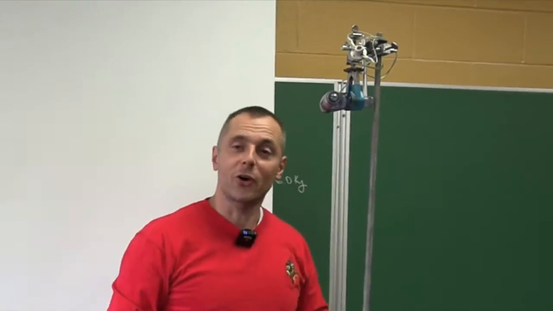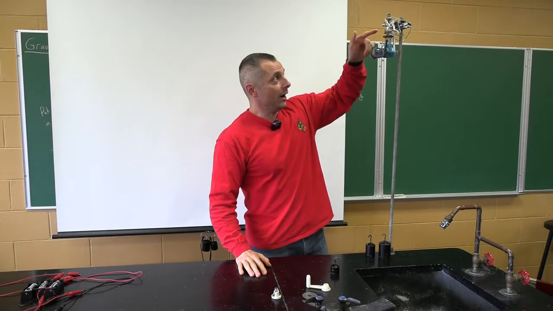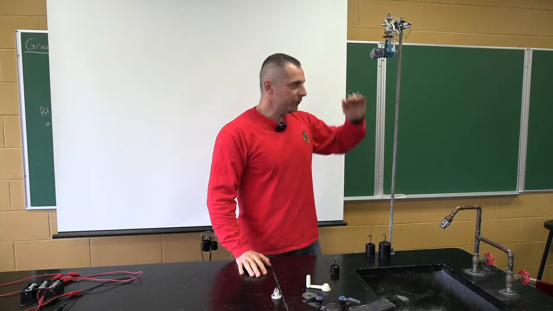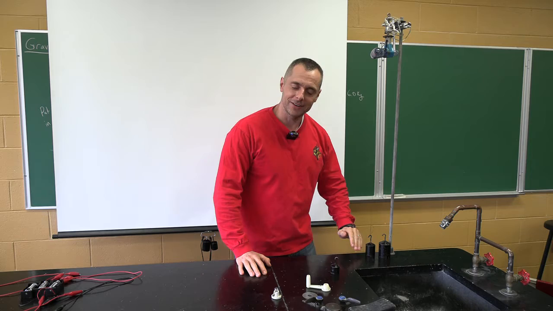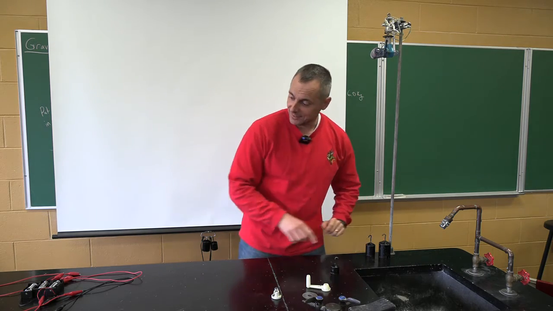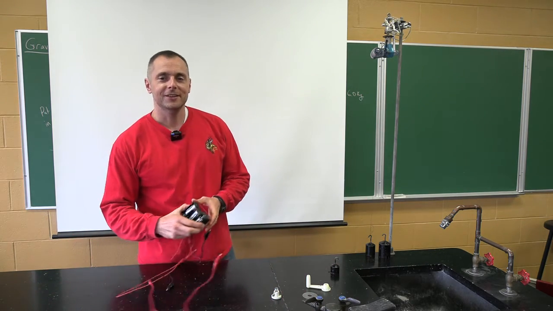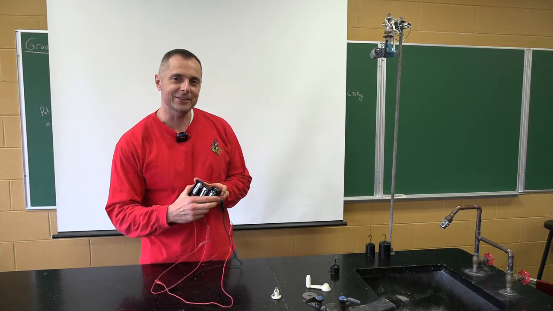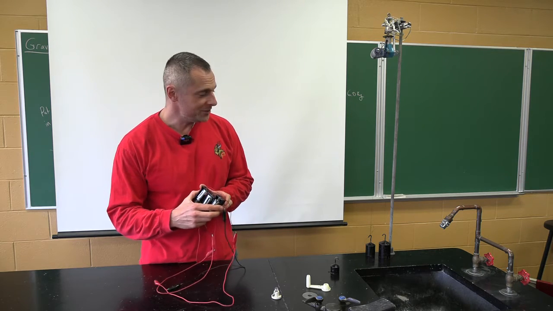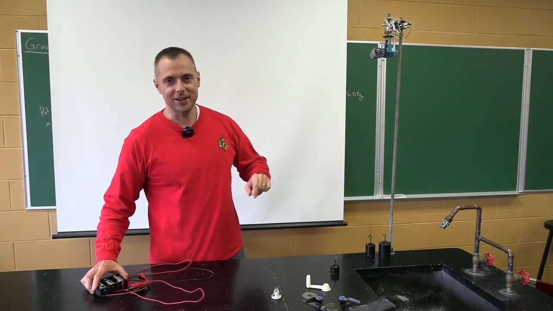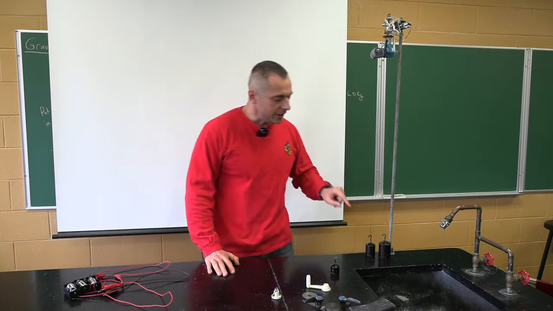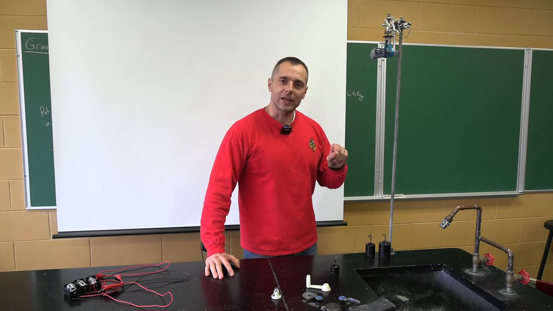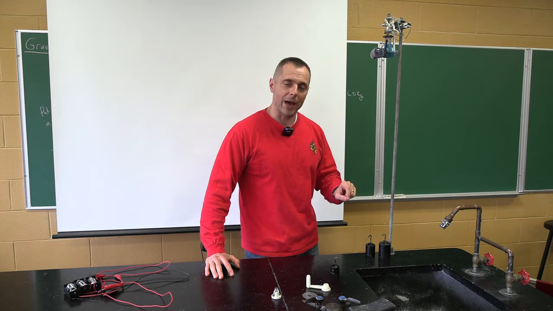All right, you saw that light come on, energy. What did it come from? The masses going down. And so these masses, for a moment, did the same thing the battery did. The batteries have energy, those masses had energy. So in a sense, these masses are just like a rechargeable battery.